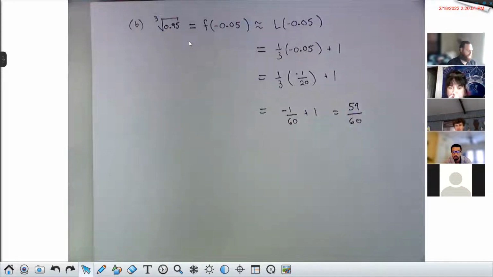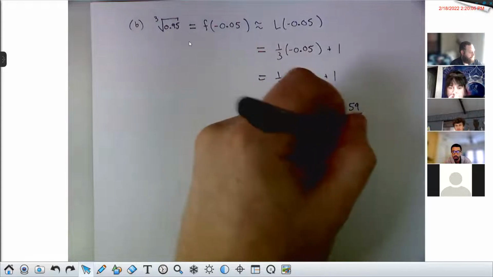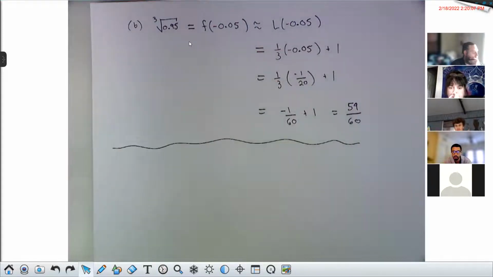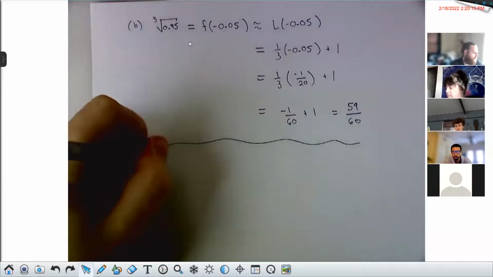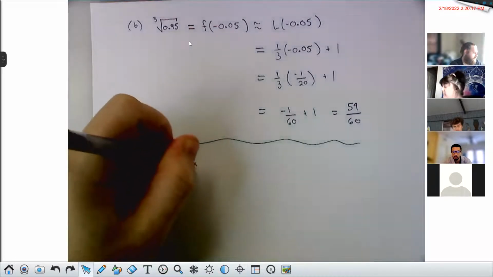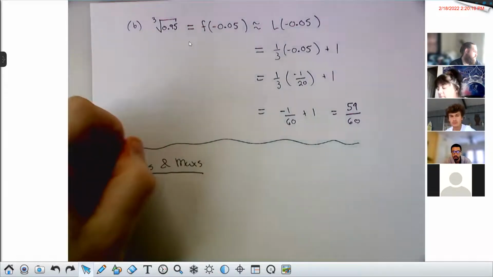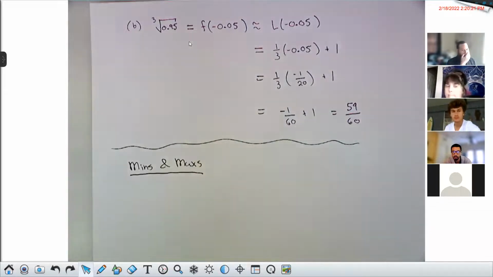Okay. Section 4.1 is all about mins and maxes. And really there's a handful of tools in here that are built around finding the absolute max for a function under certain conditions.